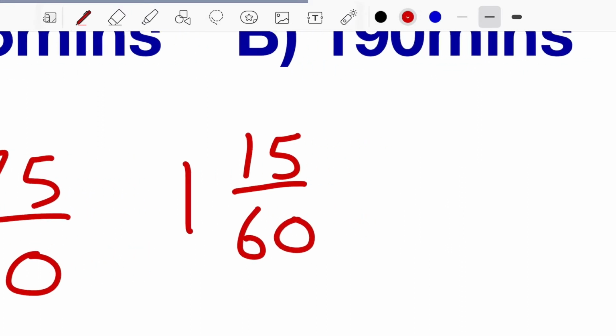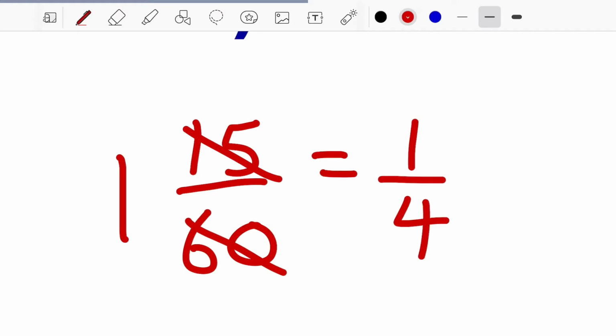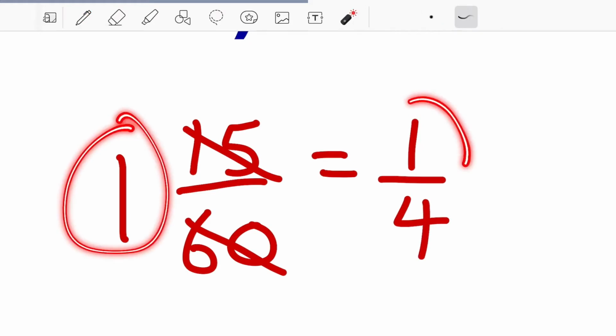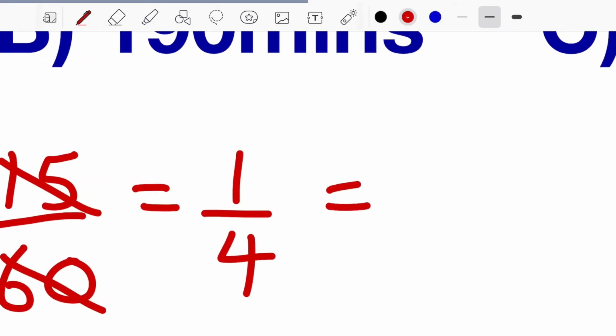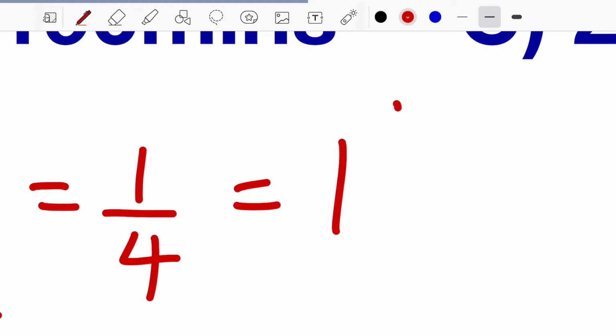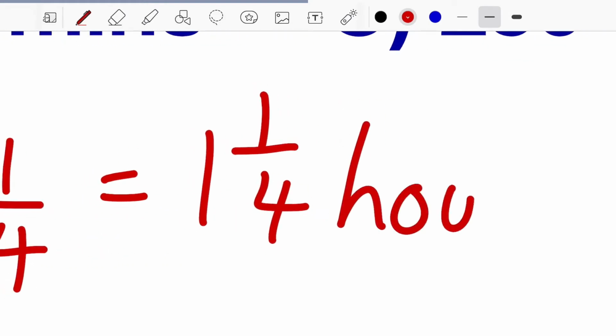Yes. We can use a small number like 5, or we can say 15 into 15 is 1, 15 into 60 is 4. So the answer will be 1 hour and a quarter, or 1 1/4 hours. We can also write that as 1.25 hours. So 1 1/4 hours.